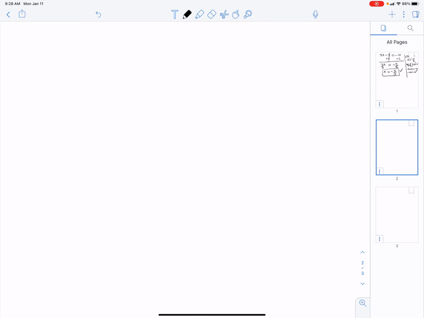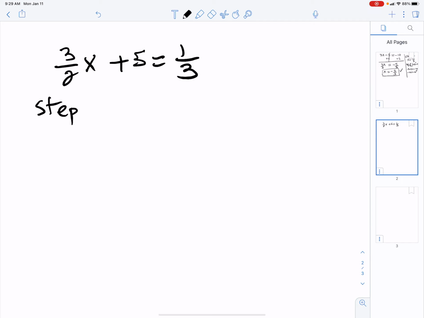Let's say we have 3 over 2 x plus 5 equals 1 over 3. I want to solve for x. This time I'm dealing with fractions, 2 and 3. The denominators are 2 and 3. So first I need to find the LCD. So step 1, find the LCD.